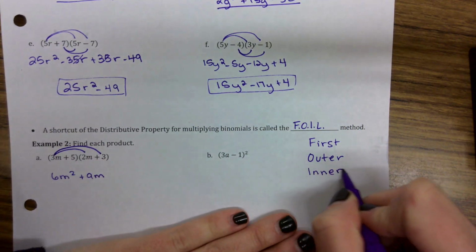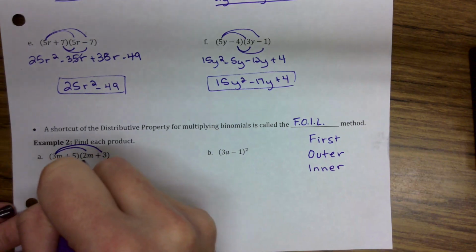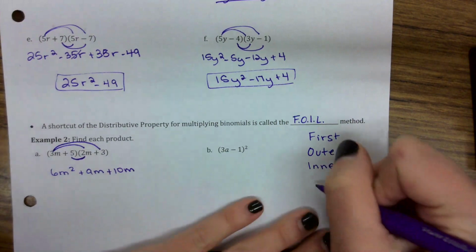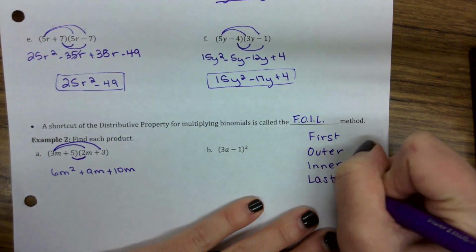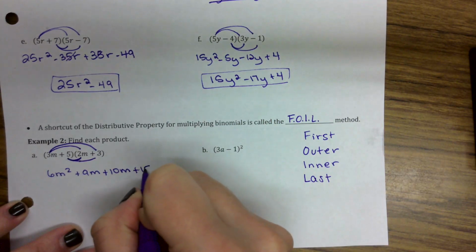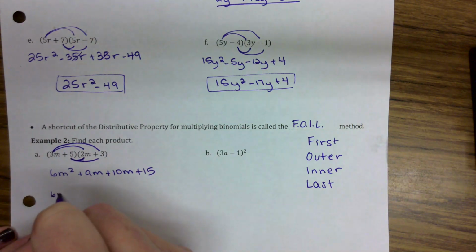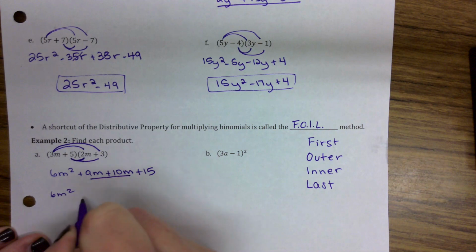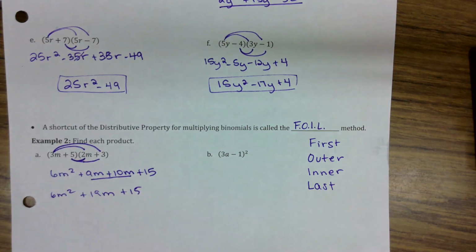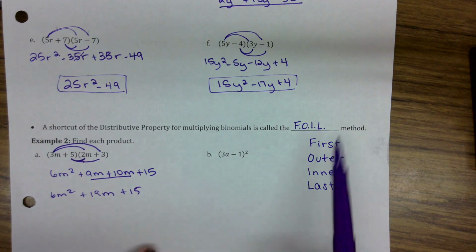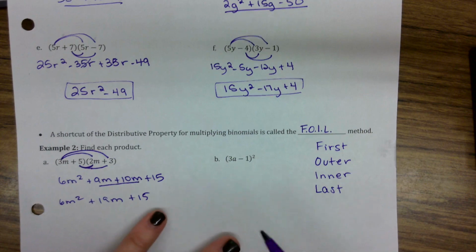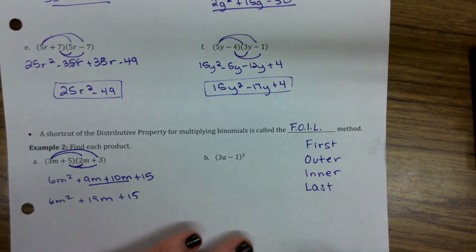Inner. The inside numbers. And then last. FOIL. First, outer, inner, and last. So we're not doing anything different. It's just sometimes when we hear FOIL, we know just immediately what to do. And it kind of is easier for us mentally than saying I'm going to double distribute.